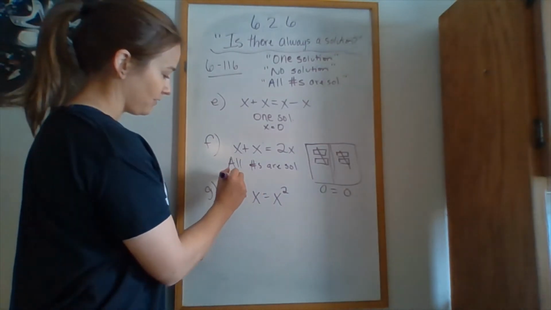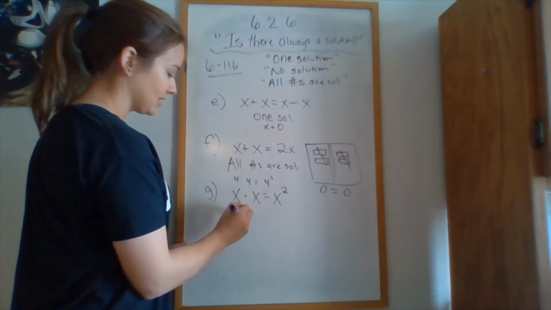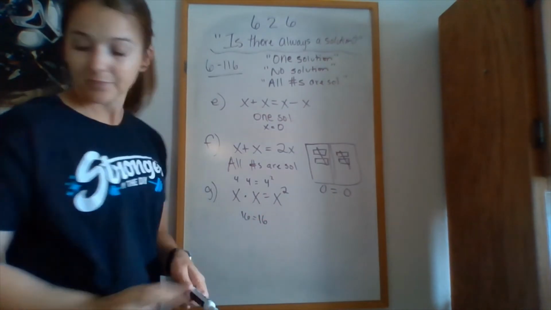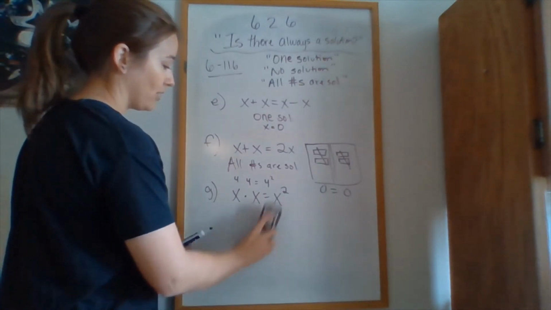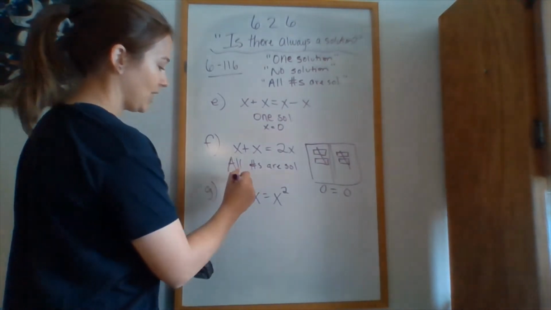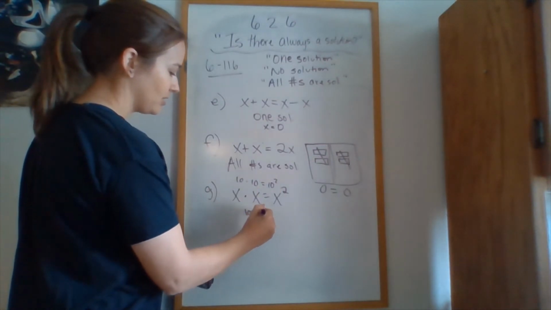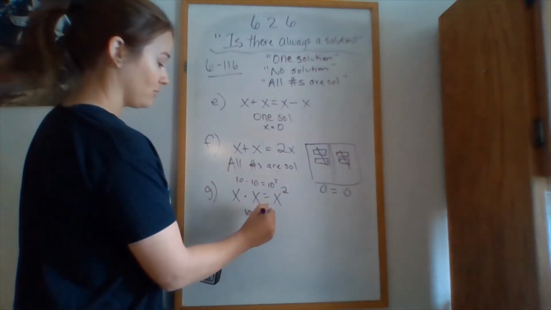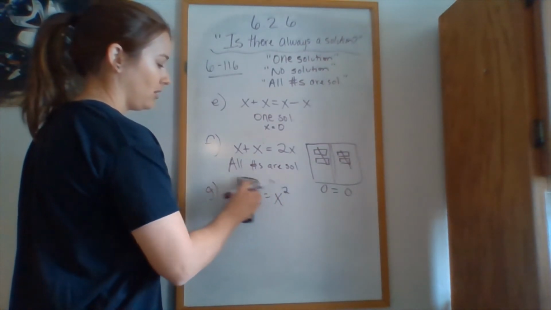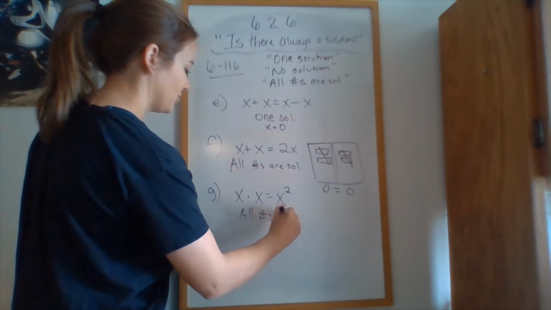So if I plugged in a 4 times 4 equals 4 squared, 4 times 4 is 16. 4 squared is just 4 times 4, which is 16. And if I want to double check one more, just to make sure, let's do 10. 10 times 10 equals 10 squared. 10 times 10 is 100. 10 squared is 10 times 10, which is 100. So here we go. All numbers are solutions here.